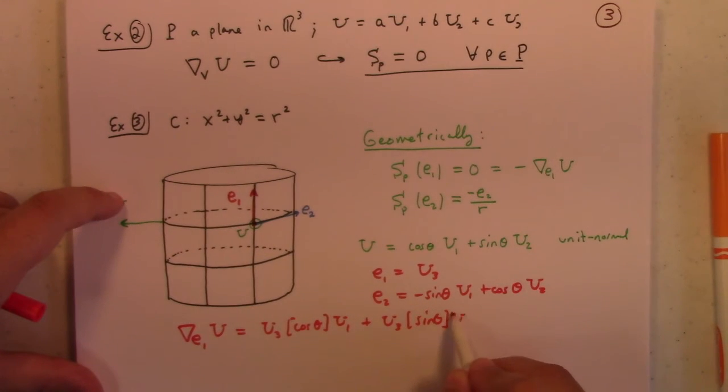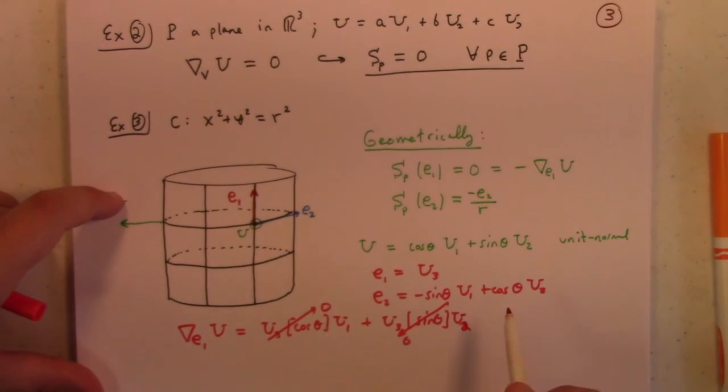Of course, there is no z dependence on the standard angle, so these drop to 0, and you're just left with 0 as we claimed. So the shape operator acting on E1 gives me 0.